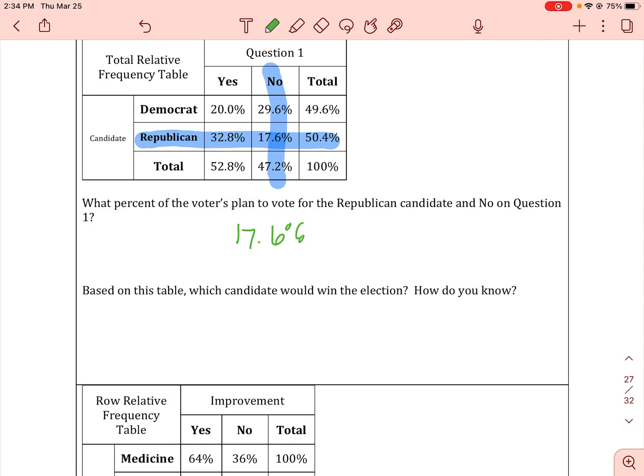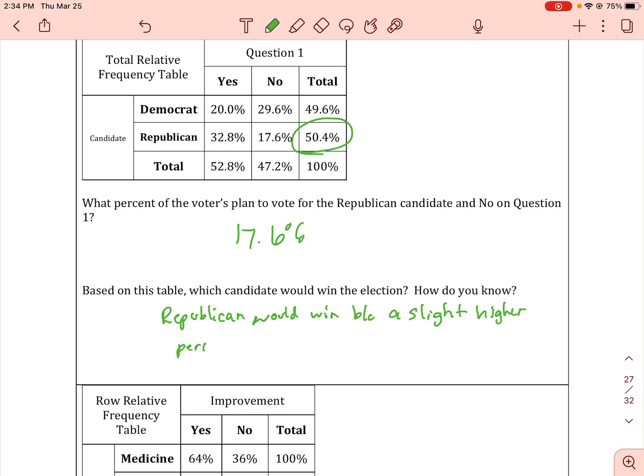Well, based on this table right here, I see that Republican would win because a slightly higher percentage would vote for that candidate.